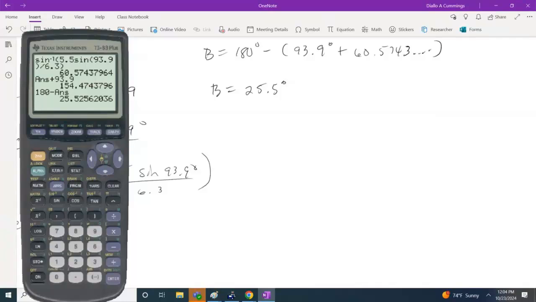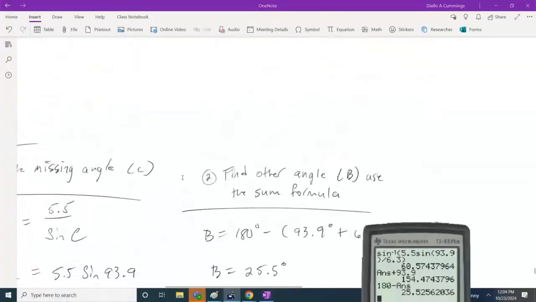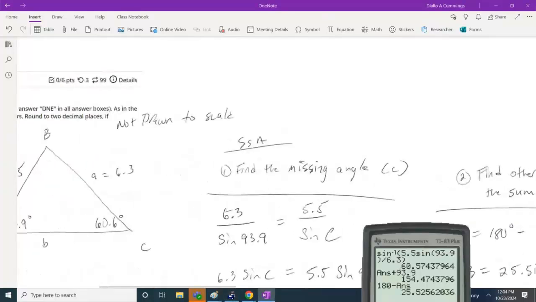Notice you should only round your final answer, because if I use 60.6, I might get something a little bit different. All right, so angle B is 25.5.